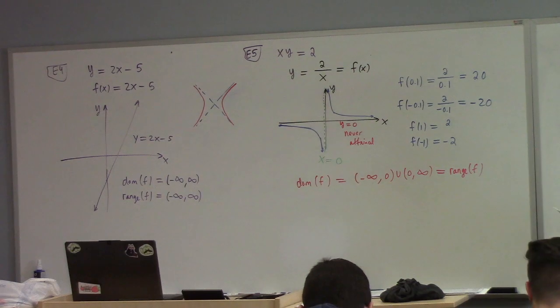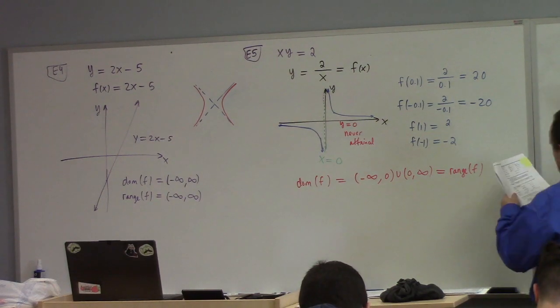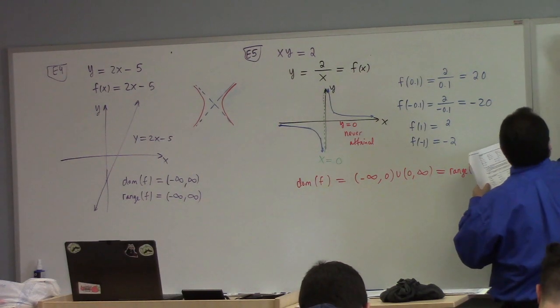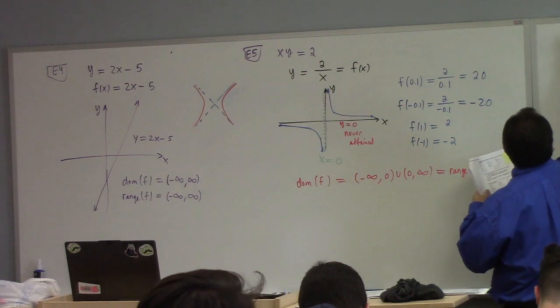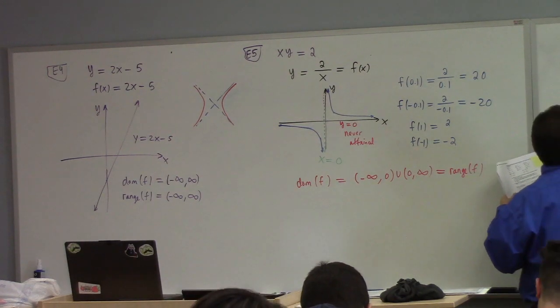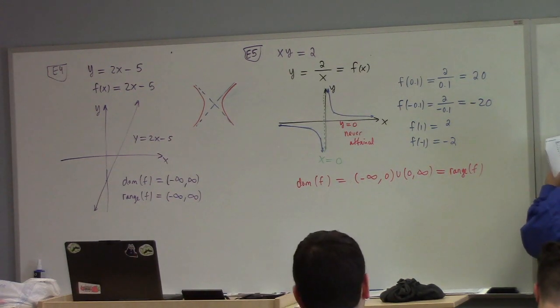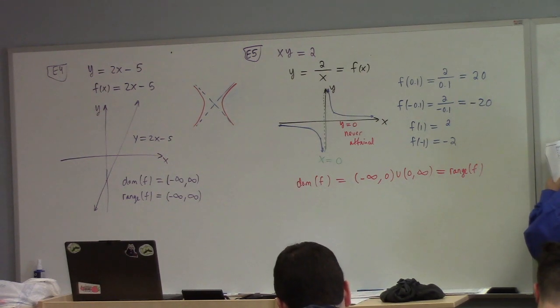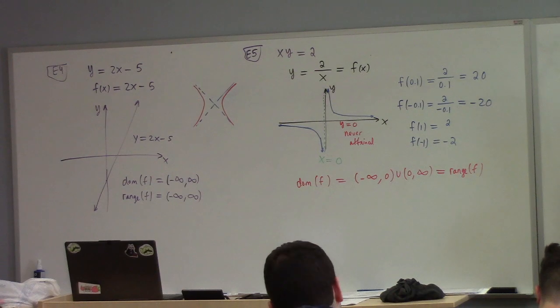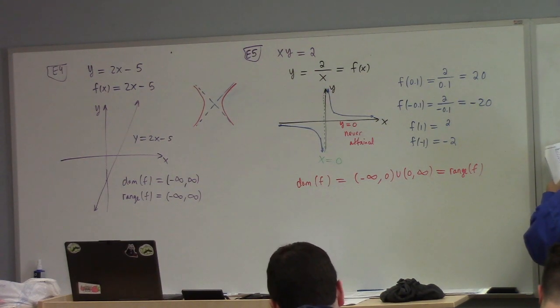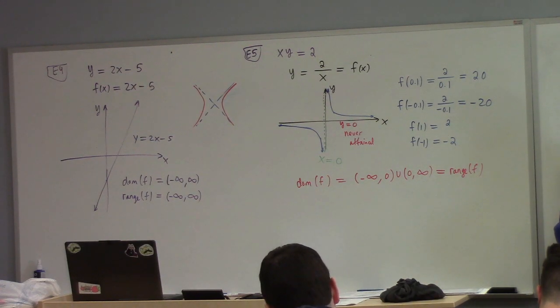All right. So here's the deal. We're given example 6. We're given f of x equals minus 3x plus 4. And we're also given that g of x is equal to minus x squared plus 4x plus 1.